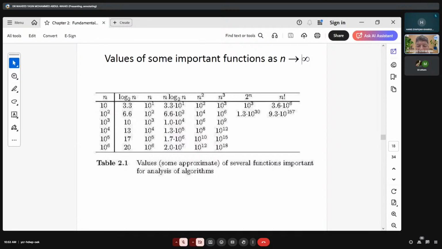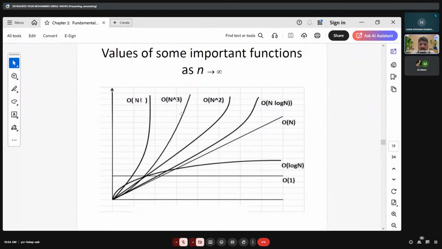Here 10 power 2, 10 power 3, and for n equal to 10 power 6 we have 3.6 multiplied by 10 power 6. For 10 power 2, we have 6.6 multiplied by 10 power 2, then 10 power 4, 10 power 6, and 1.3 power 30. Factorial n is 3.3 multiplied by 10 power 157.